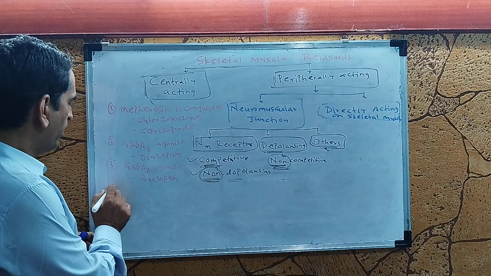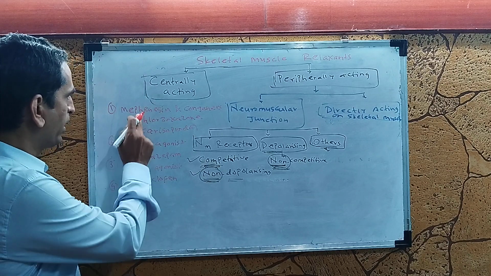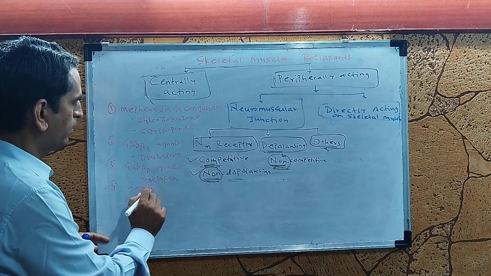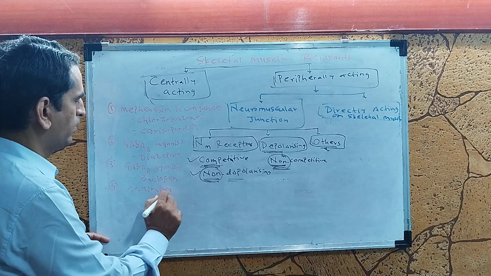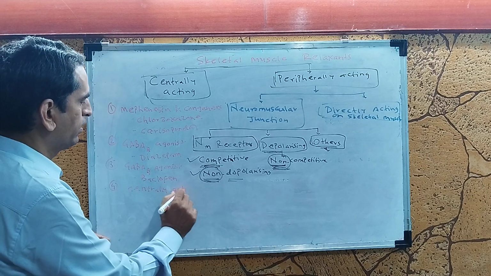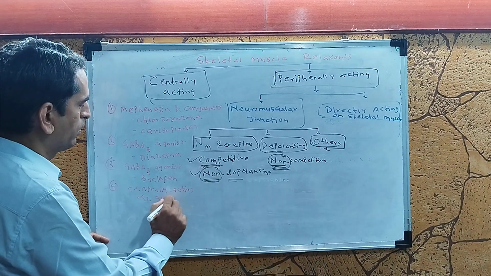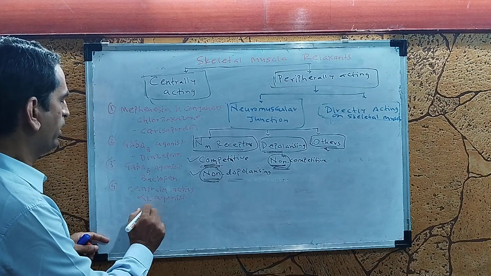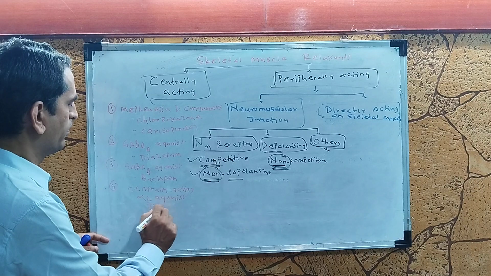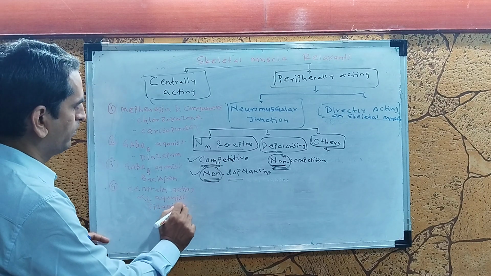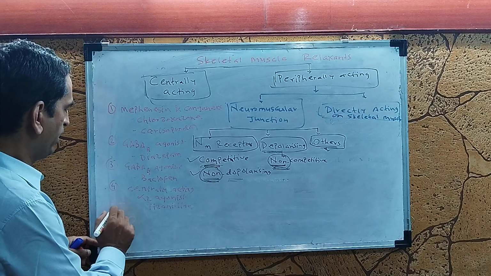Next category, because these are centrally acting drugs, is the centrally acting alpha 2 agonist. An example of this is tizanidine. The next category is other drugs.